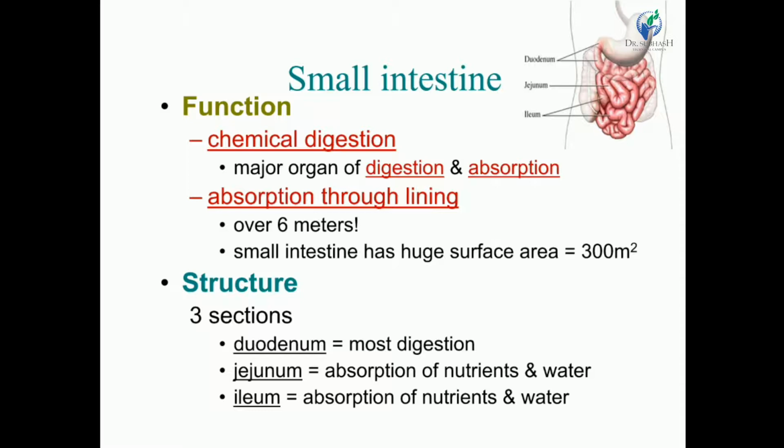While considering 300 square meters, we can understand it like the size of a tennis court, right? So that is what 300 square meters is. Considering structure, most digestion occurs in the duodenum. In the jejunum and ileum, most absorption of nutrients and water is done.